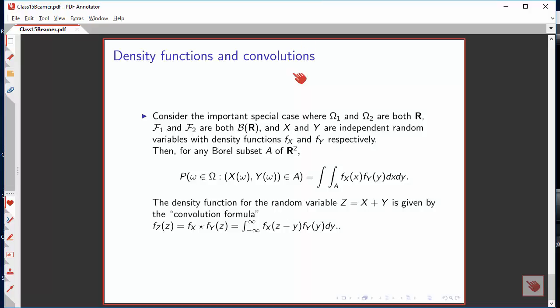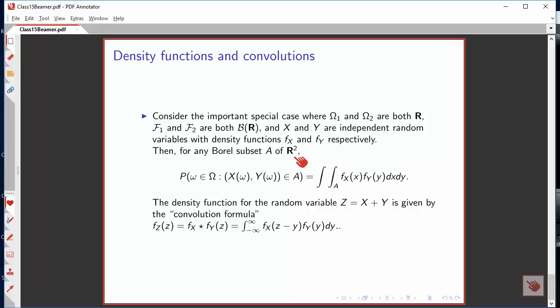Frequently, we have a situation where we have two sample spaces that are both just the real numbers. We have two sigma fields on these two sample spaces. They're both the Borel sigma field, and we have two random variables, X and Y, that have density functions f sub X and f sub Y, respectively.